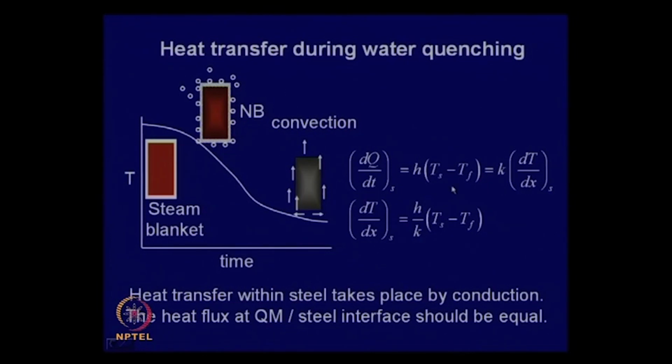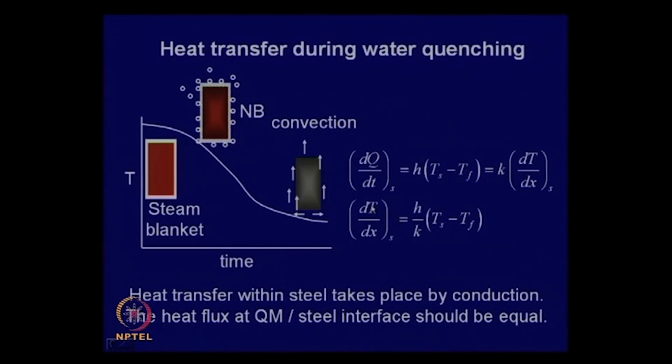But the maximum amount of heat that you can extract through convection is also balanced by the amount of heat that comes from the center of the job, and this is by conduction, which is given by the temperature gradient, the temperature at the surface minus the temperature at the center. So, this gradient and this should balance, and this is proportional to thermal conductivity.